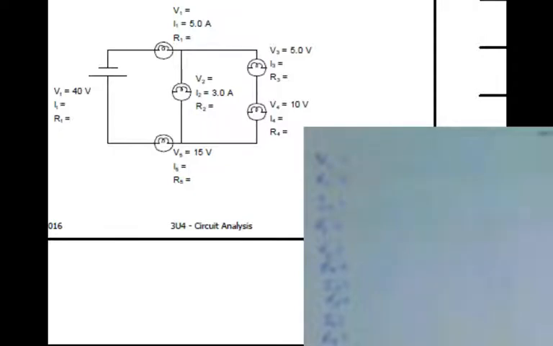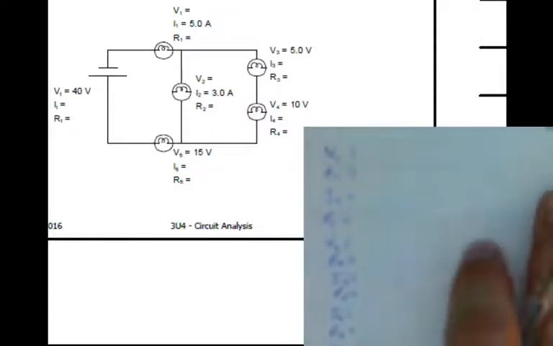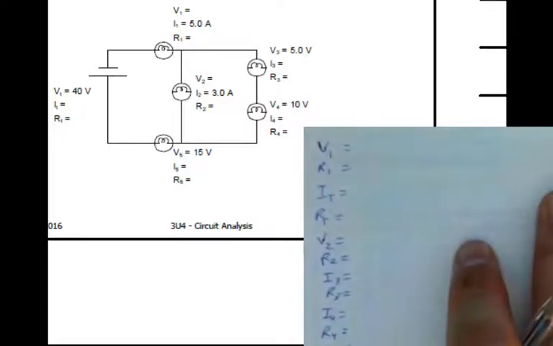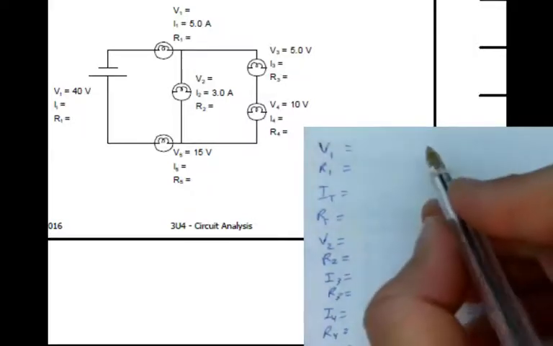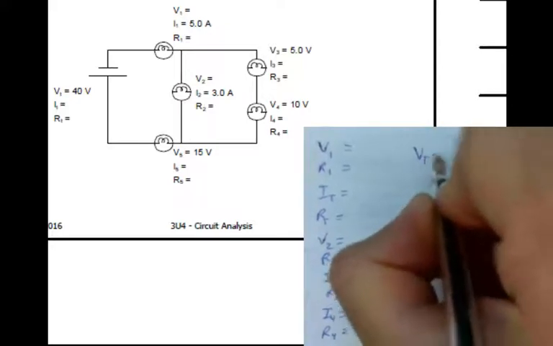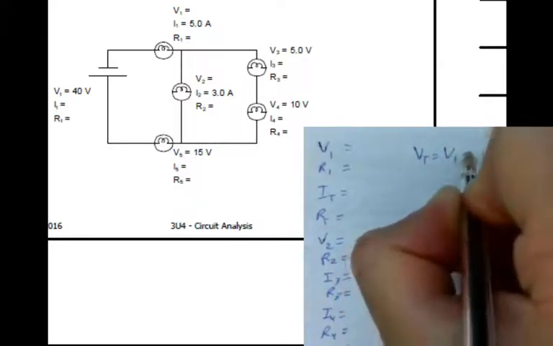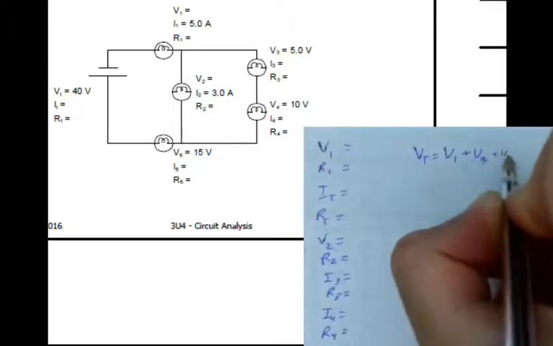First, what I'd like to do is just look to see if there's 3 known values in any of these, and I don't see that as the case. So let's start with Kirchhoff's voltage law. I have 40 volts to drop across a loop, and if I follow the loop of V5, V4, V3, and V1, I can see that my VT has to be equal to V1 plus V3 plus V4 plus V5.